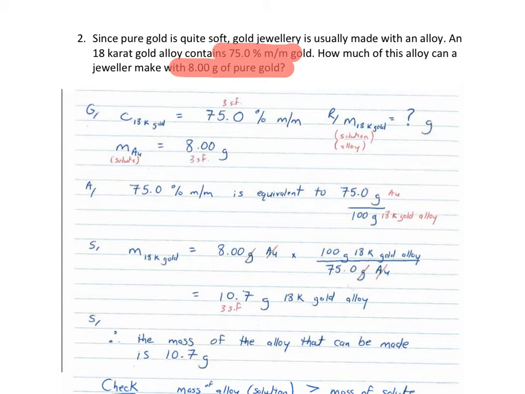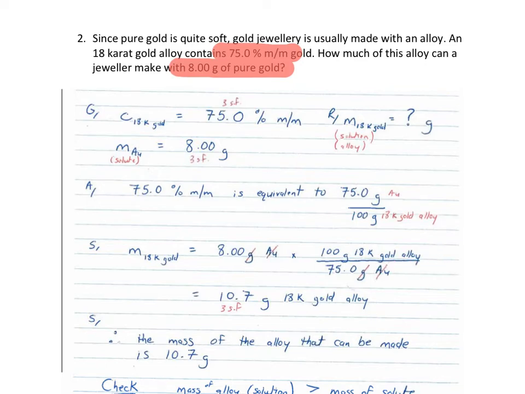Again, I'm going to take this percent expression and convert it to units that we can work with. 75% mass actually tells me that we have 75 grams of gold in every 100 grams of our alloy. Now I want to arrange my numbers so that my units cancel out and I'm left with the units that I'm trying to find. I'm trying to find grams, specifically the grams of the alloy or the solution that are needed.